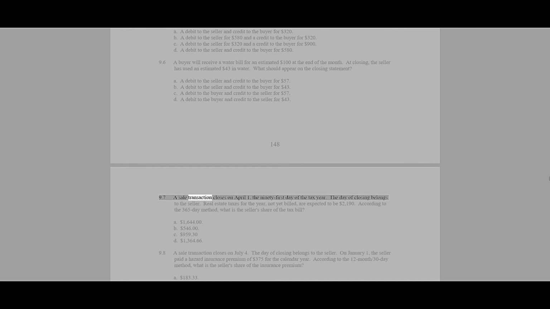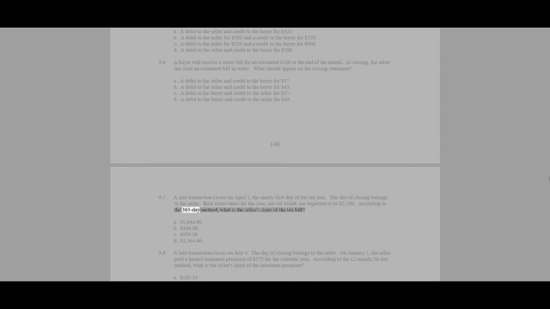9.7 A sale transaction closes on April 1st, the 91st day of the tax year. The day of closing belongs to the seller. Real estate taxes for the year, not yet billed, are expected to be $2,190.